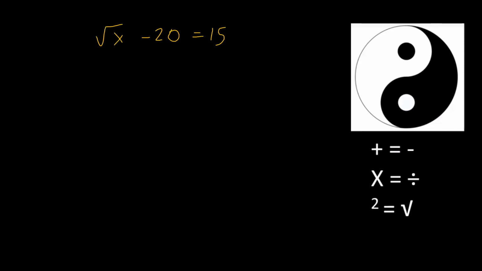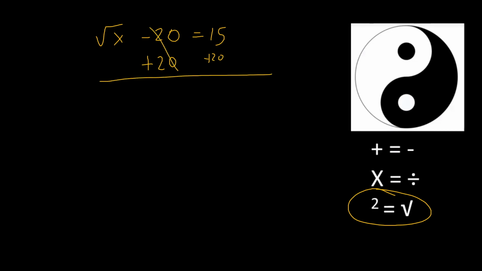Okay, so with this one, we have to think about, hey, what's the opposite of a square root? Well, I circled it. So the opposite of a square root is squared. So first we want all the numbers on one side and x on the other. So I'm going to do plus 20, plus 20. So that equals 35 square root of x.